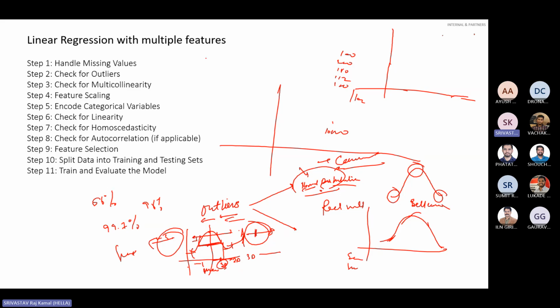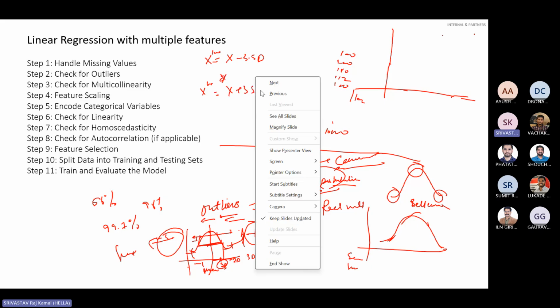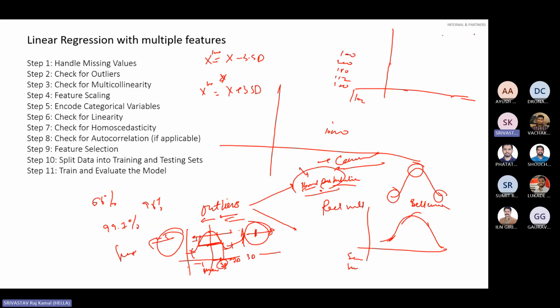So what I can write: any value lower than x minus three standard deviations, or higher than x plus three standard deviations, basically lying in this area, these are the outliers.